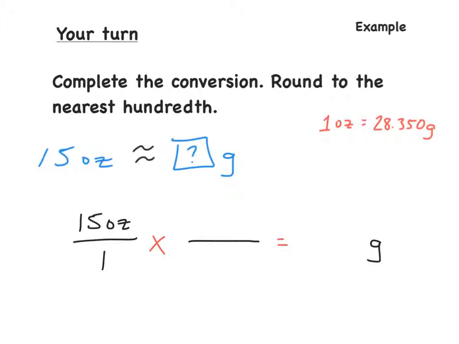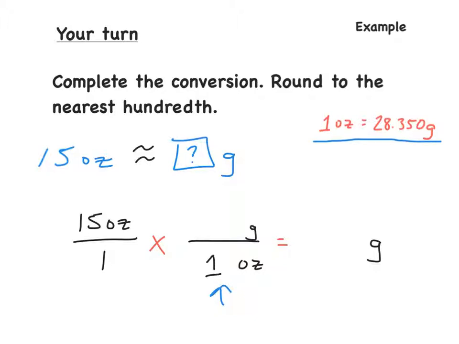Our conversion rate is that in 1 ounce, we have 28.35 grams. Now remember, we have ounces. Ounces go diagonally down, so ounces are in the bottom, grams are in the top. So we just copy down the conversion rate.